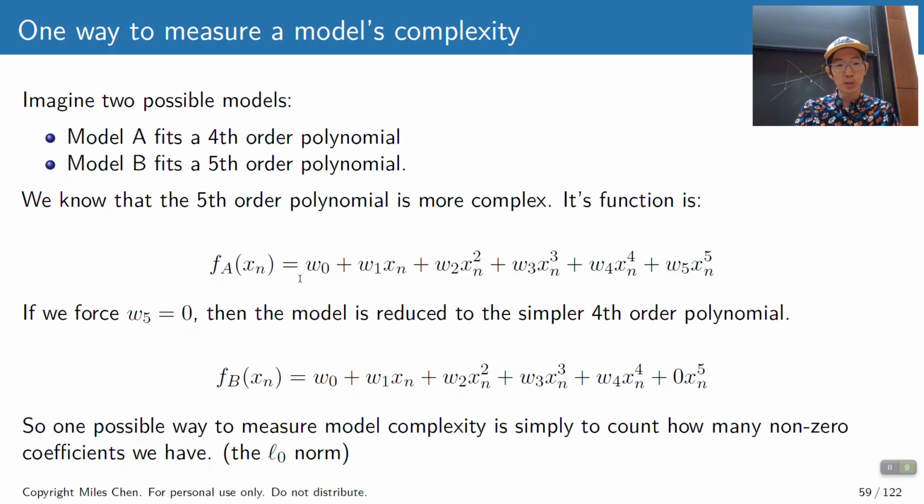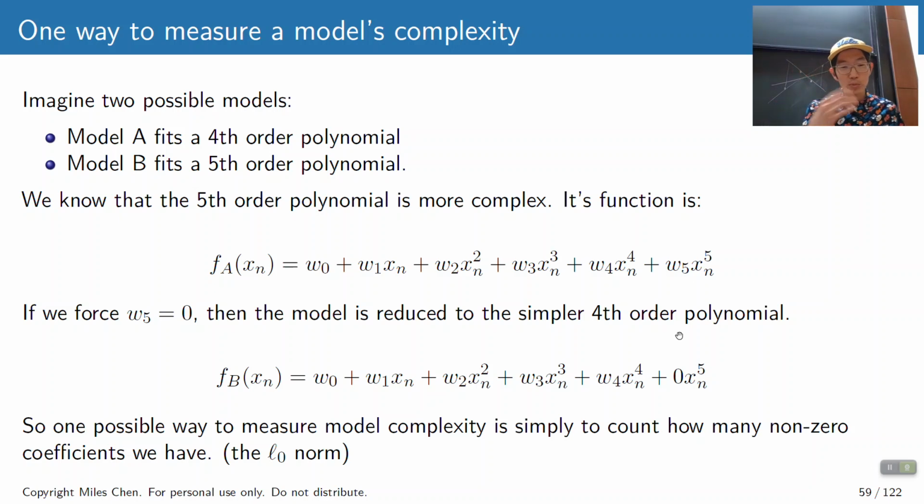The fifth order polynomial is w0 plus w1x plus w2x squared plus w3x cubed plus w4x to the fourth plus w5x to the fifth. The fourth order polynomial is just a special case of the fifth order polynomial where we force the weight on the fifth order term to be 0. If I say w5 is equal to 0, then it reduces down to a fourth order polynomial, and we know this is a simpler model, okay?